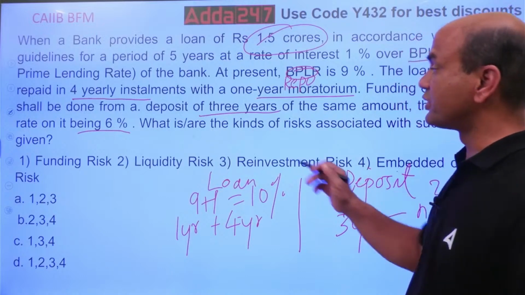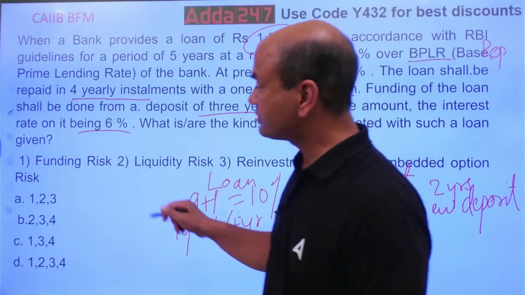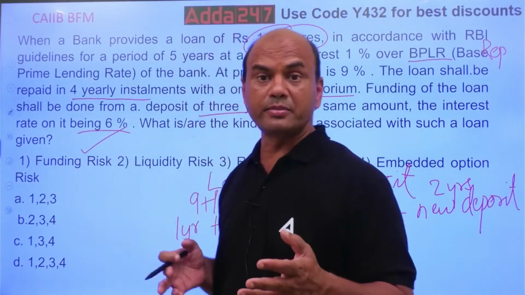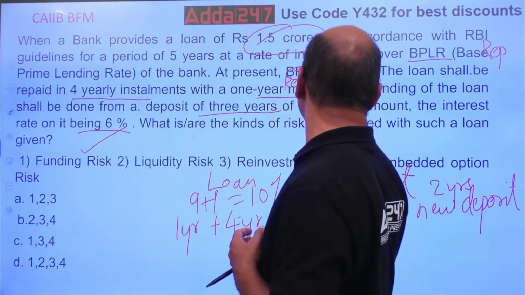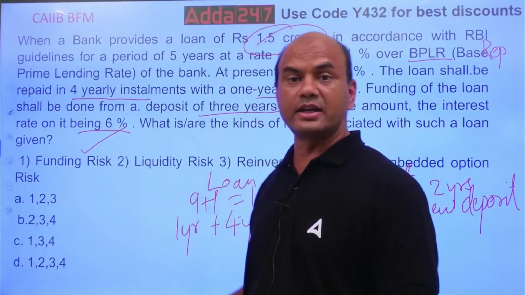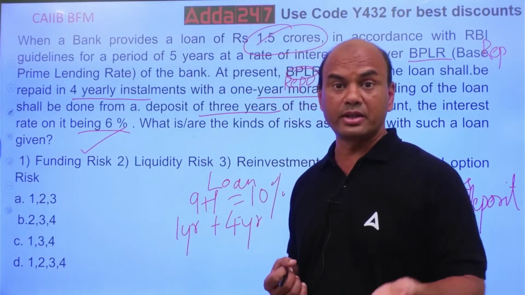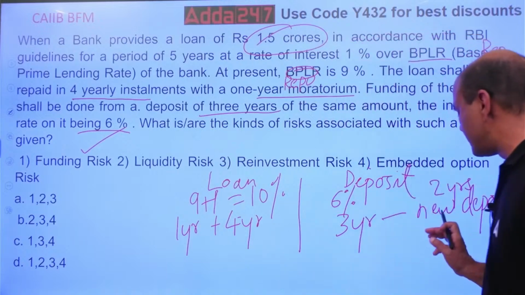So what is the risk you are facing? Are you facing funding risk? Funding risk means, will you face the funds problem at that time? Then liquidity risk. Will you face a liquidity risk at that time? You might not have the required money. Obviously, see this, NII gap will be decreased here.